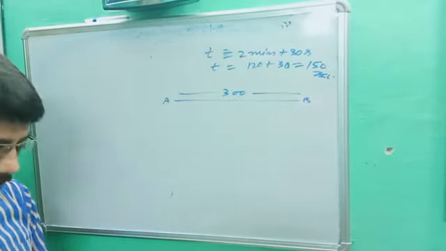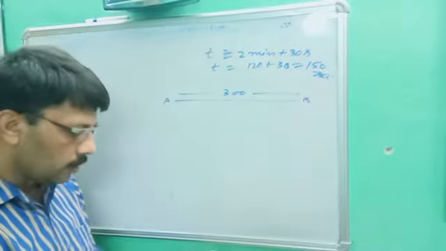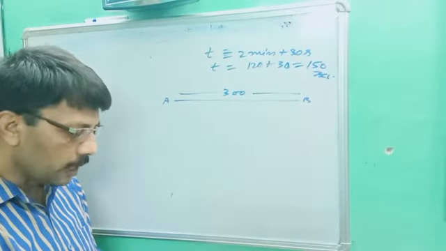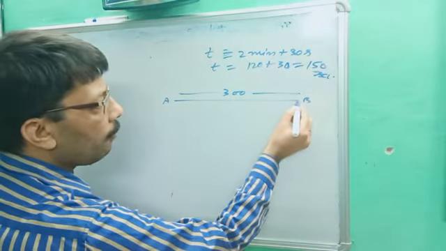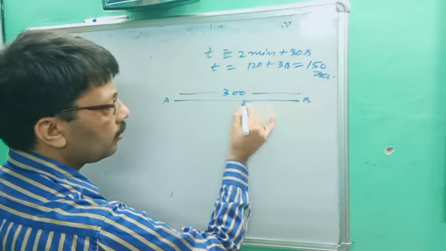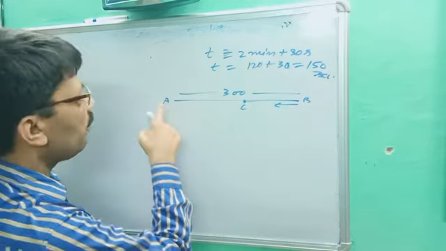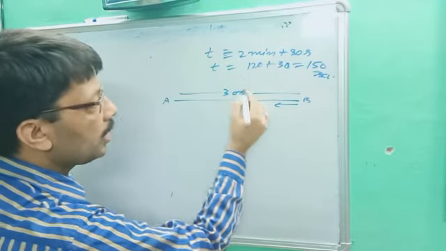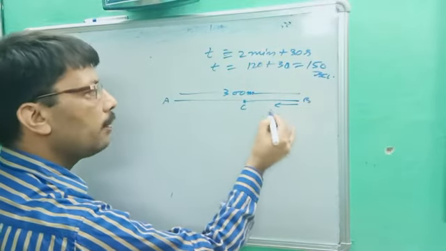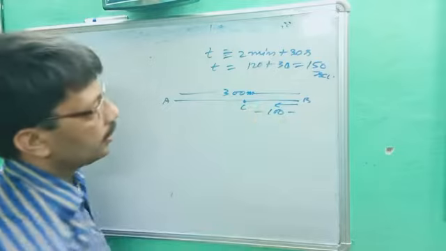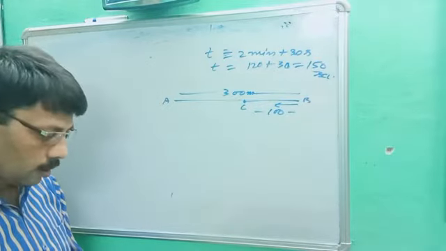Then he goes back 100 meters to C. He went A to B by 300 meters, and back from B to C by 100 meters, in 1 minute.